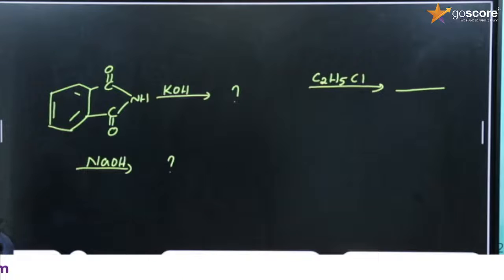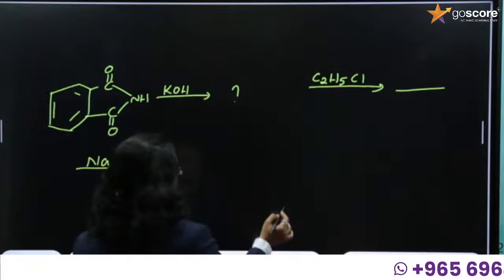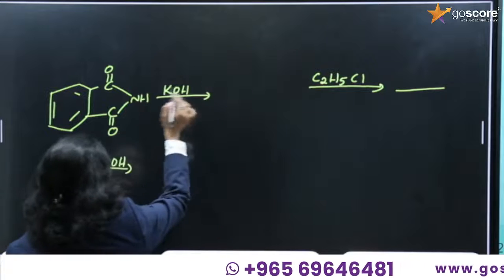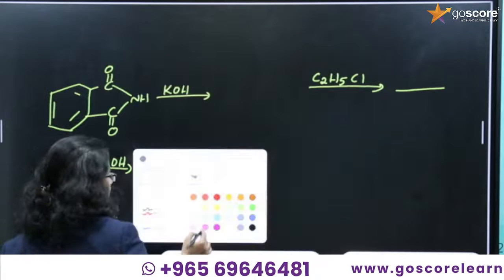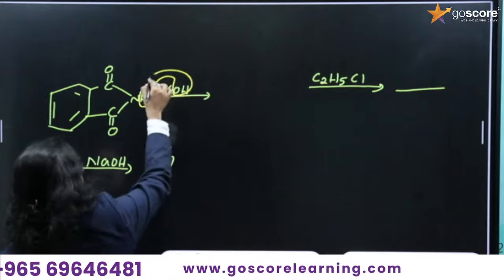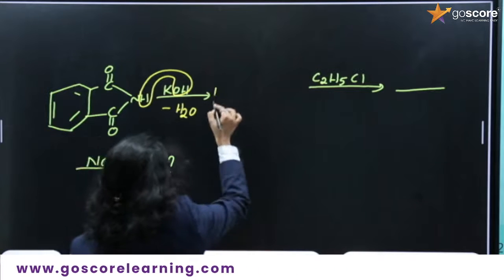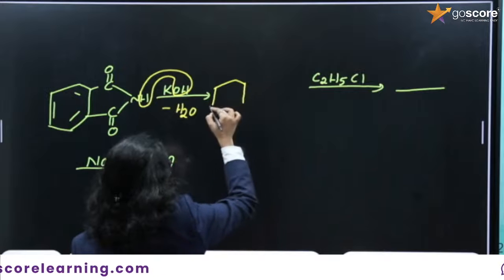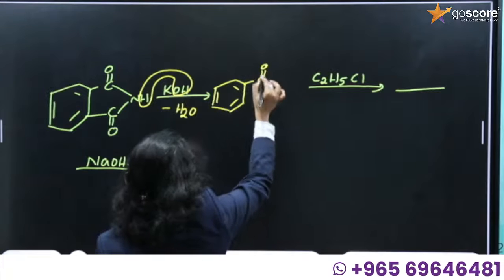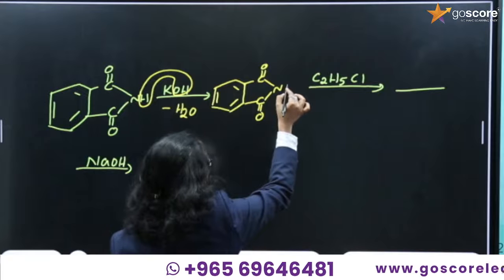So complete the reaction. Here this H and this OH will be eliminated as H2O, and potassium phthalimide will be obtained.